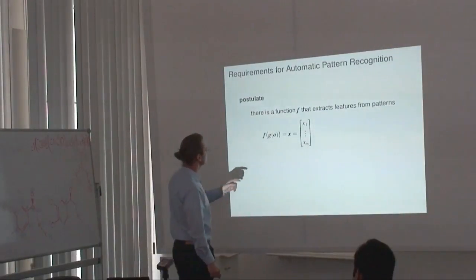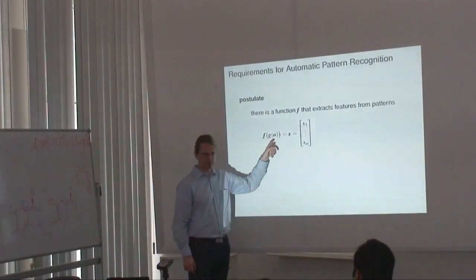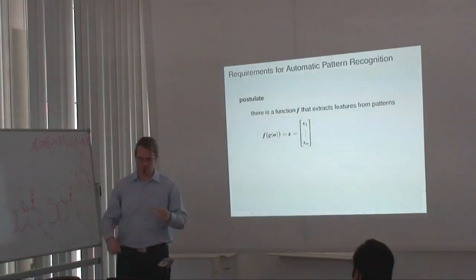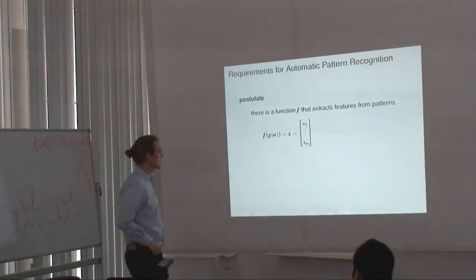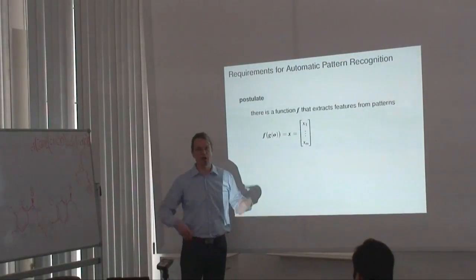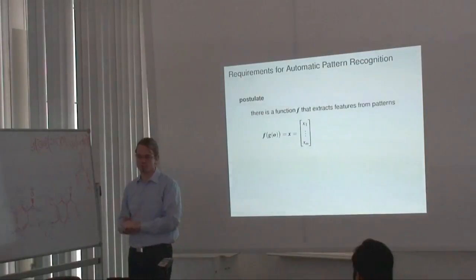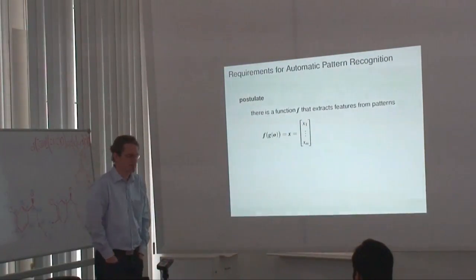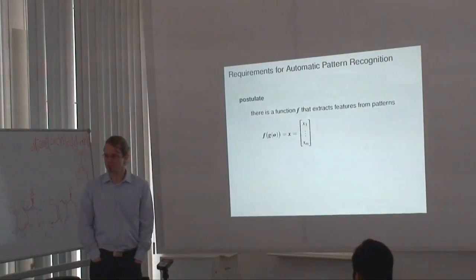So here we are given a certain pattern, and then we apply yet another function to this function, and say it gives us a collection of numbers, and we will think about these collections of numbers as being vectors.